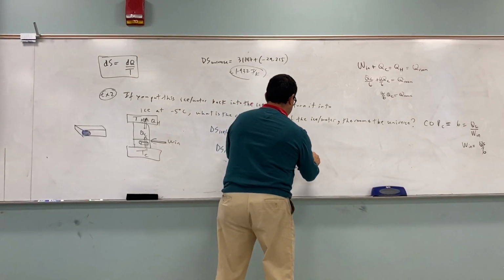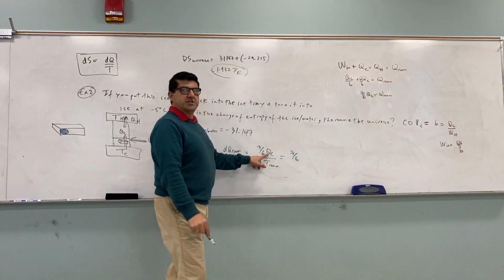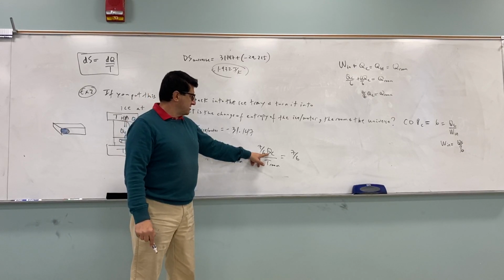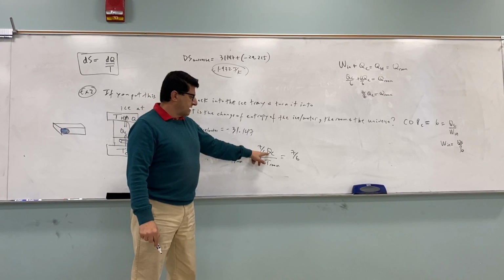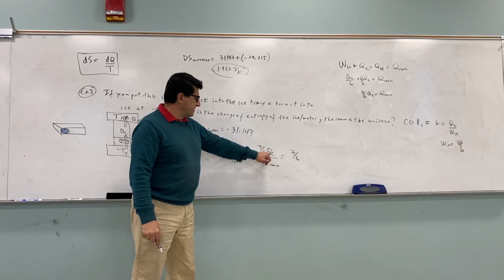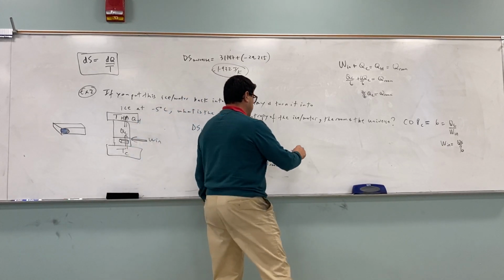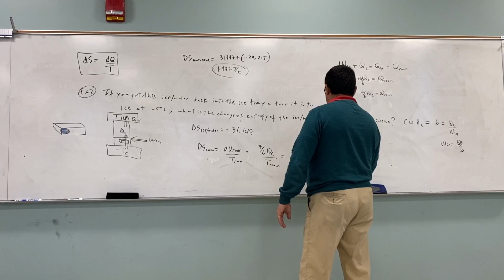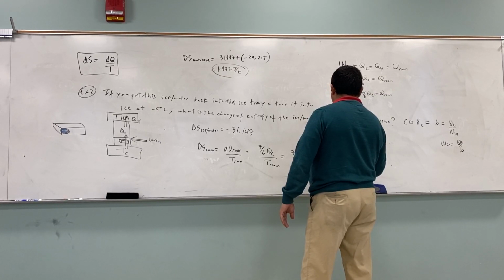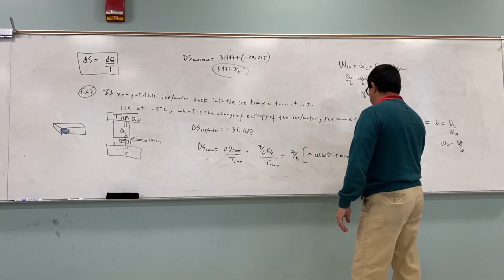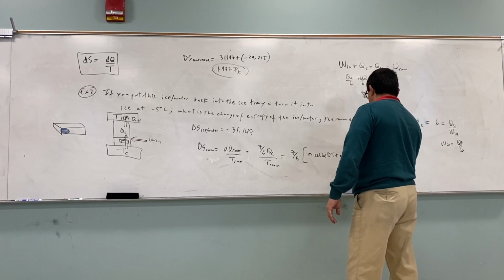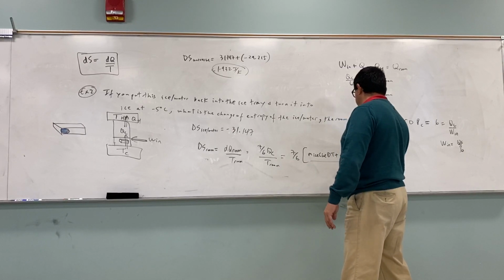Okay, so now, what's the QC? How much heat am I extracting from the ice? Well, we've already done that. It's M ice, C ice, delta T plus M ice LF plus M water, C water, delta T, over the temperature of the room.